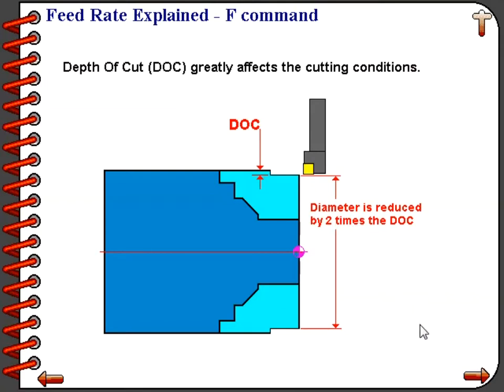So for example, if our depth of cut was 0.1 inches, the diameter would be reduced by 0.2 inches. Another way of looking at this, if our part was 2 inches in diameter, and we were taking 100 thousandths depth of cut, our cutting diameter would be 1.8 inches.